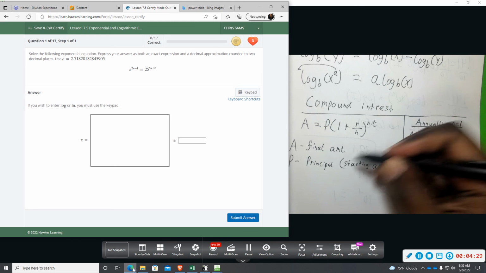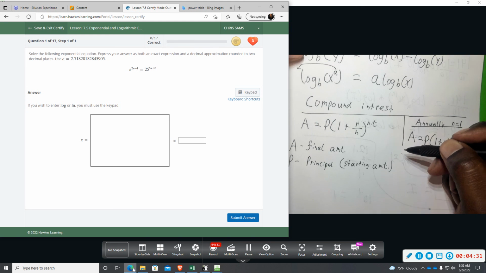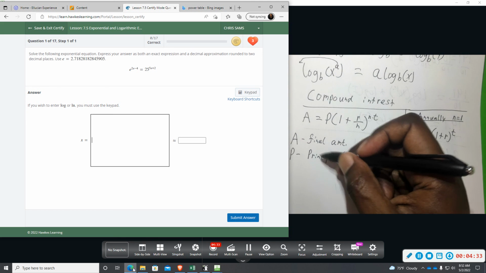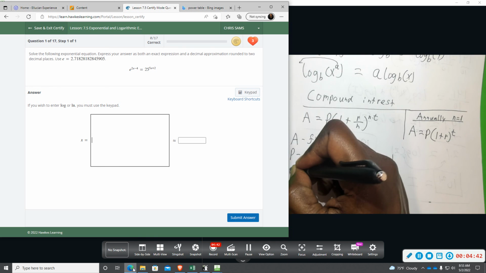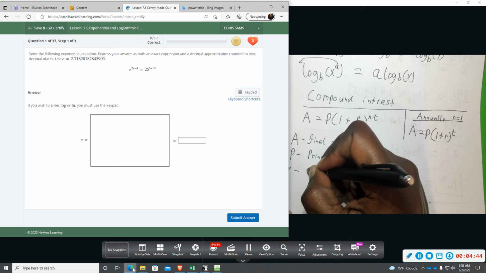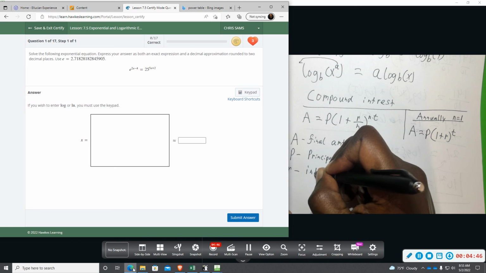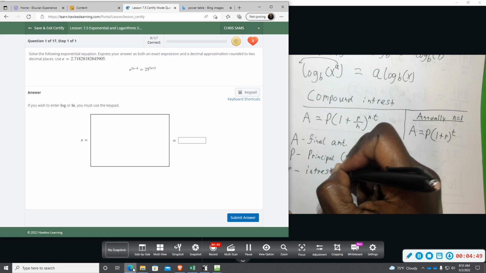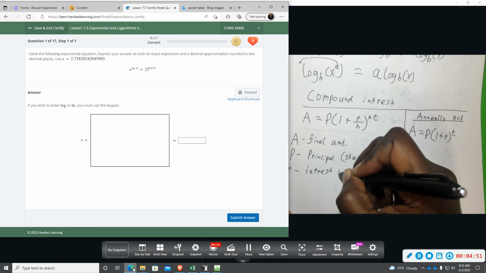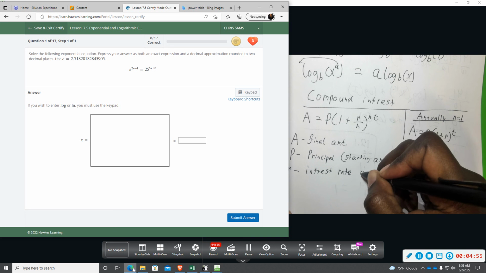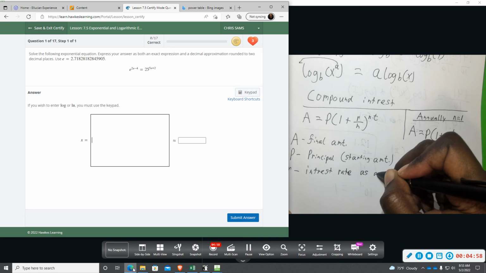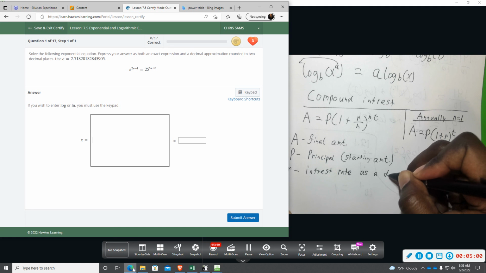Now, this starting amount could also be the borrowed amount, but anyway, the principal is the financial term that they want to use for what you start with, or what you borrow, what you invest, etc. R is the interest rate, as a decimal, because you have to convert that to a decimal.